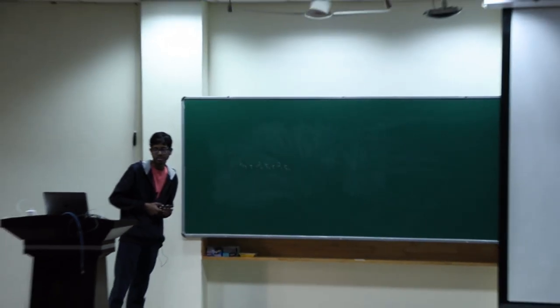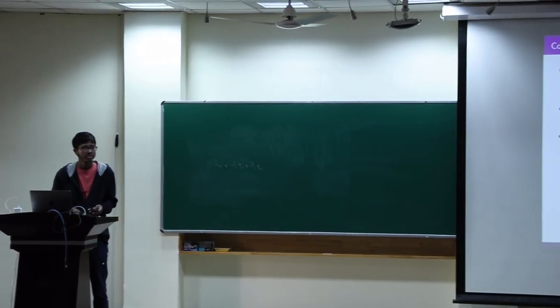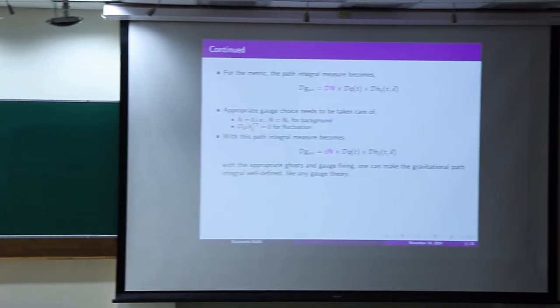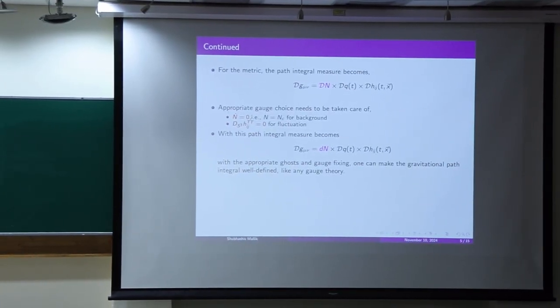The transverse traceless gauge. Only the transverse modes are present here. So you can treat these scalars and tensors independently for this metric too? Yes, independently. Okay, thanks. Yes. So okay, maybe we can thank Shubhashis again.